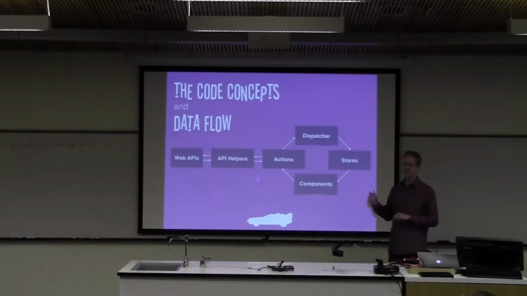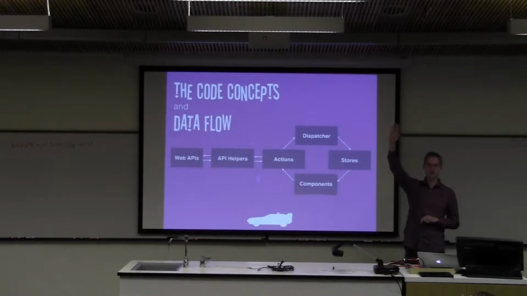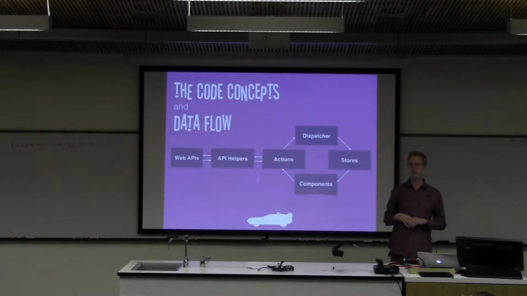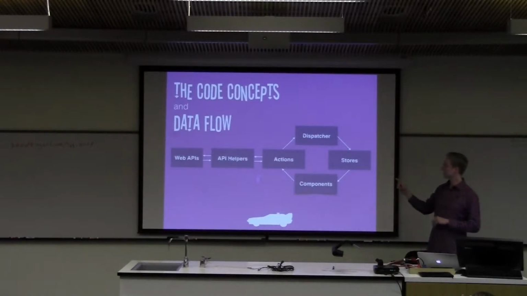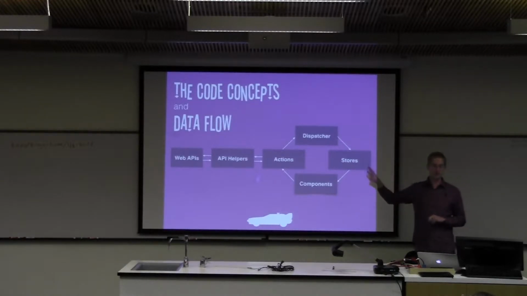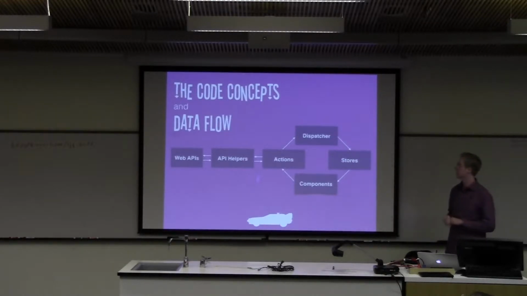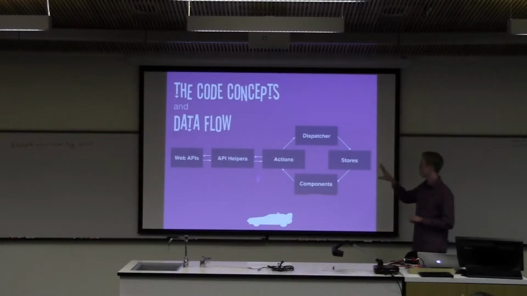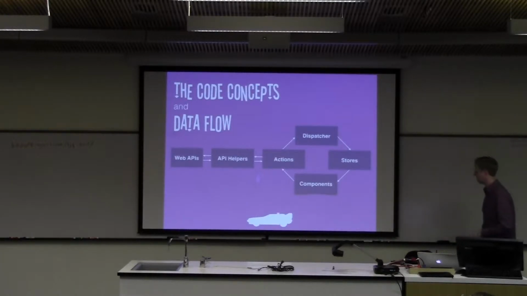So has anyone seen a diagram about Flux that kind of looks like this? OK, so just a few people. This is a really common kind of diagram. There are a few different flavors of this, but it's going to be something that you see quite a bit. And we're going to spend a lot of time here to talk about what the concepts are.